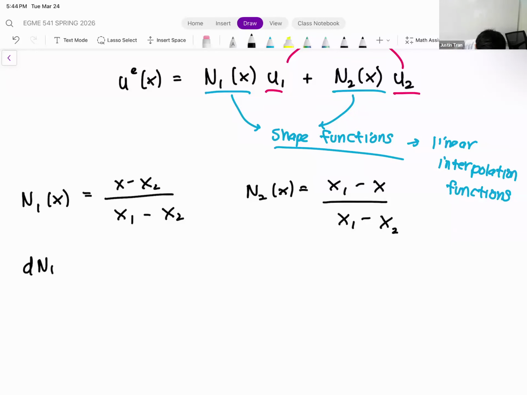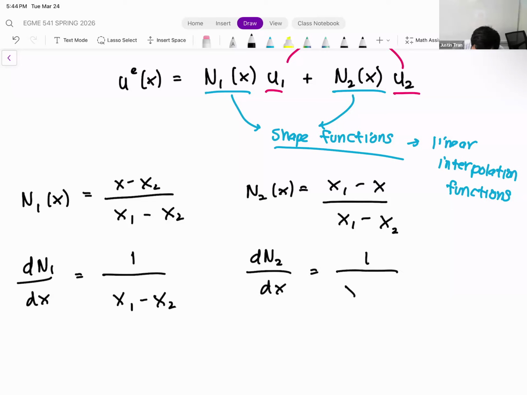So we have dN1/dx is equal to, we take the derivative of that, we just end up with the constant 1 divided by x1 minus x2, and then dN2/dx is equal to 1 divided by x2 minus x1. For dN2/dx, I just took the negative from up top and applied it to the bottom, so I swapped the order of the difference.